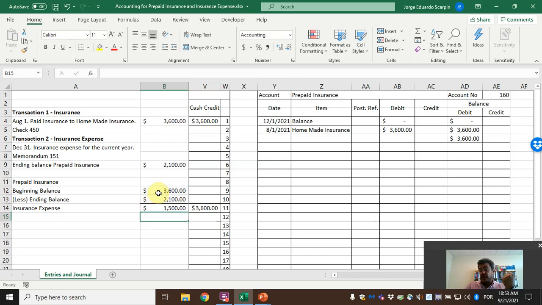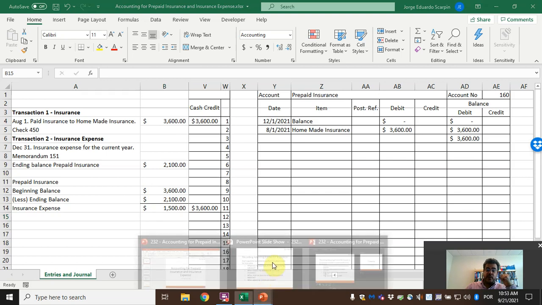Because why? If my beginning balance is 36 apples, my ending balance is 21 apples. Reduce 15, I ate it. So I ate 15 apples. So we need to reduce it. And then the 15, 36, my beginning balance, 21, my ending balance.